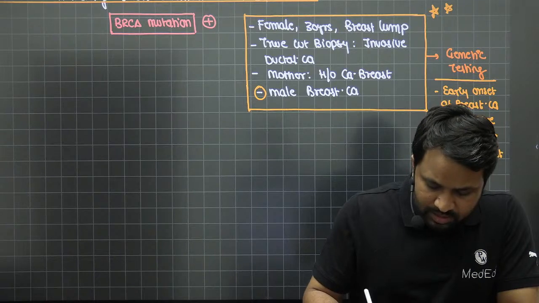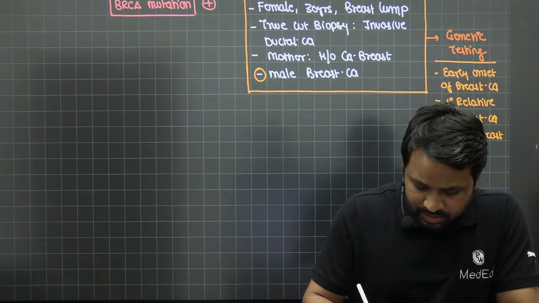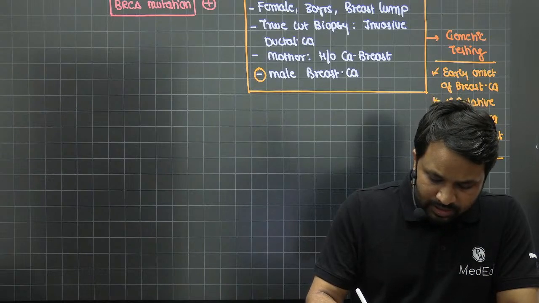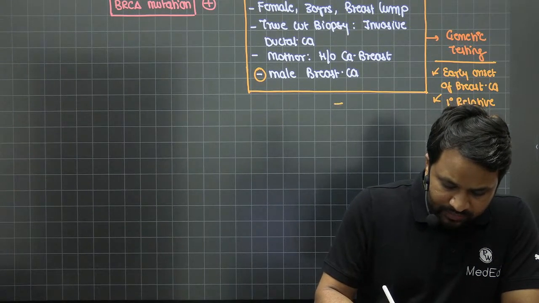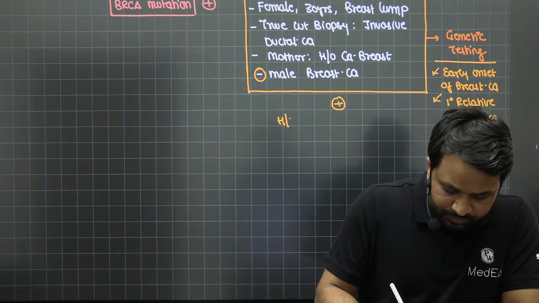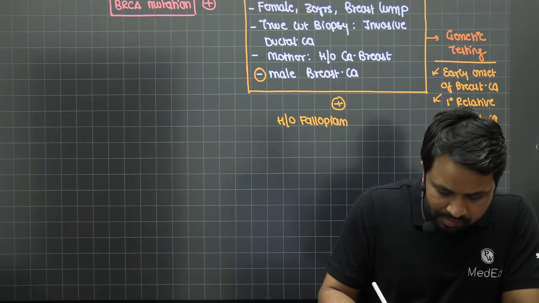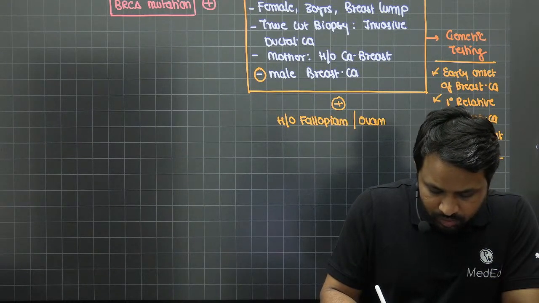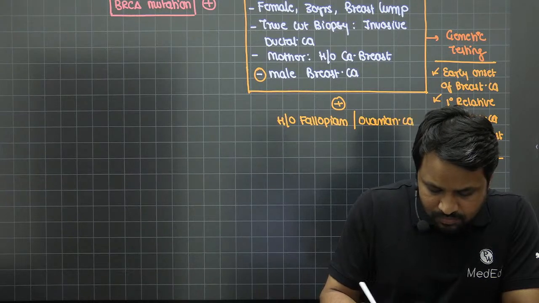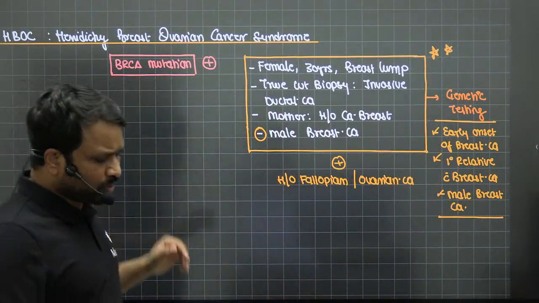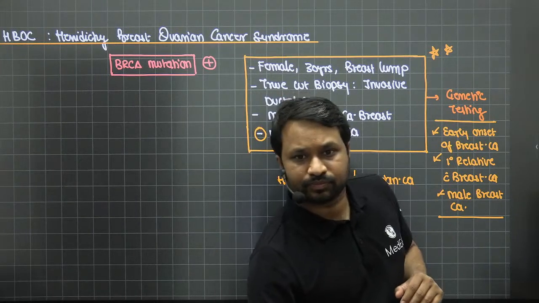All these are the indications for genetic testing. Along with that, another indication that I can add here is a history of fallopian or ovarian cancer. If any one of them is present, you need to go ahead with genetic testing, right?